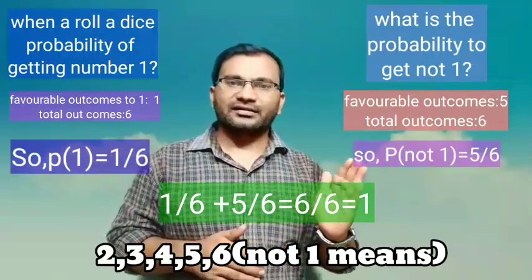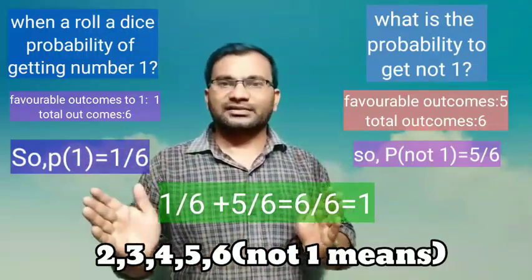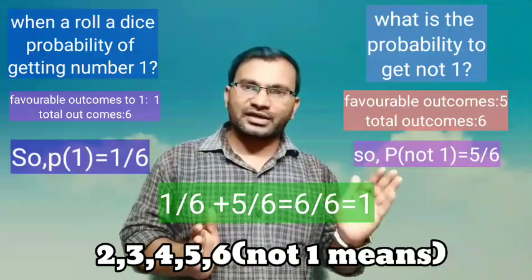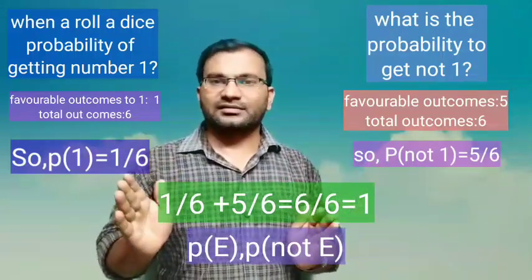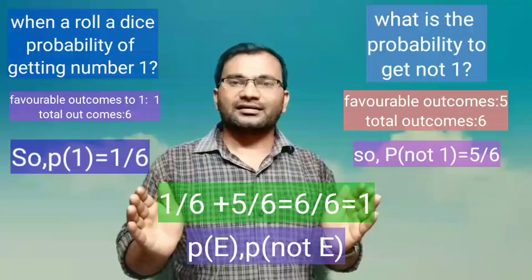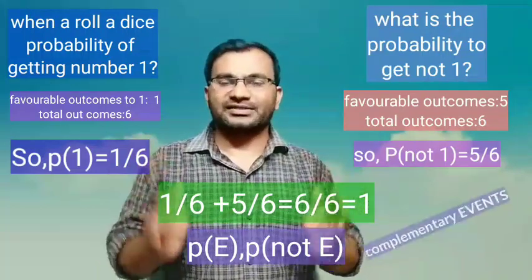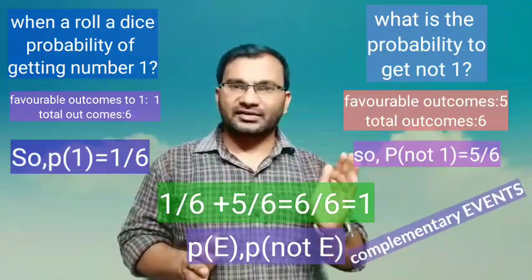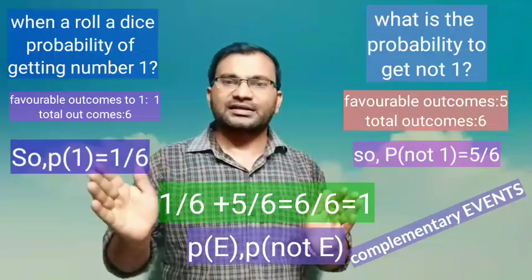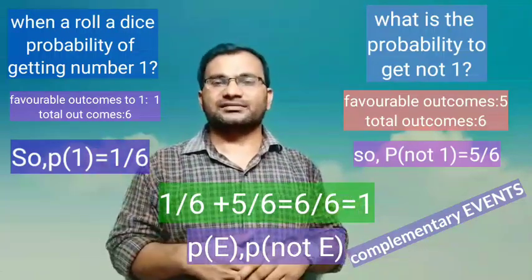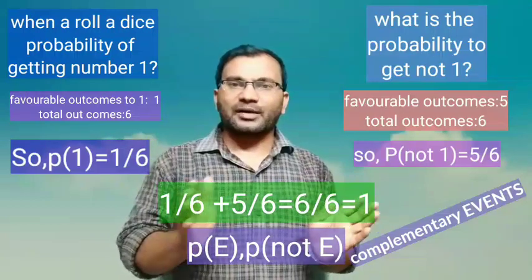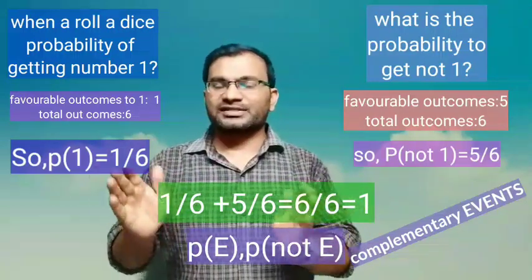So getting 1 and not getting 1, that means probability of E and probability of not E, these two are known as complementary events. Getting 1 and getting not 1, that means getting 2 to 6. So the sum of complementary events is always 1.